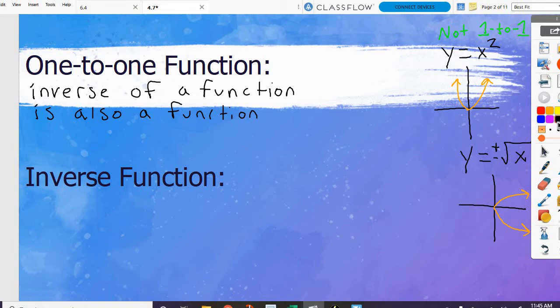Now, just like with our vertical line test, there's actually a way to check to see if a function will be 1-to-1 from the very beginning. And it's called our horizontal line test.